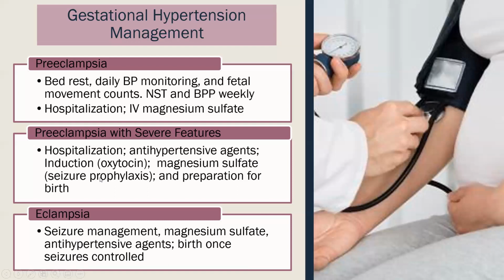But in this particular instance, the reason why we give magnesium sulfate is for seizure prophylaxis, because it decreases the swelling in the brain, or the swelling in the vessel that can cause swelling in the brain that will lead to eclampsia. So a side effect of magnesium sulfate is lowering the blood pressure because it causes vasodilation.